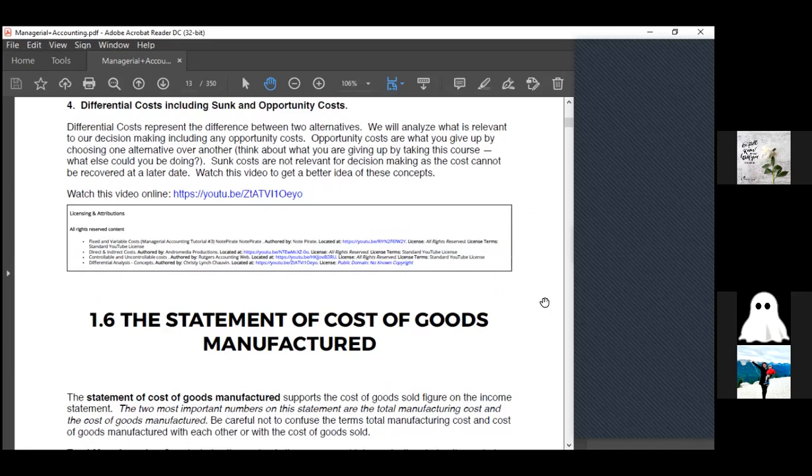Sunk costs, as I said, are costs that cannot be recovered, or money that is spent on some part of your manufacturing that will not be recovered in the future.